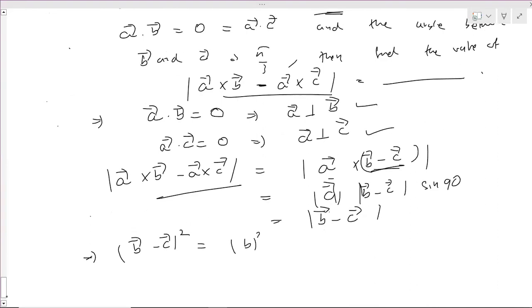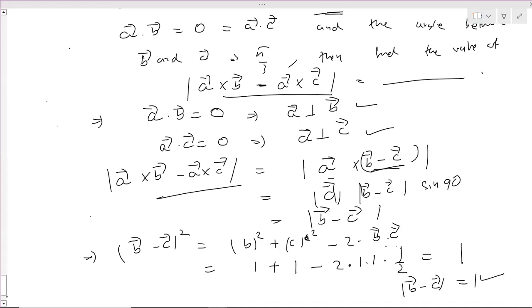This will be mod B square plus mod C square minus 2 B dot C. So mod B square is 1, plus mod C square is 1, minus 2 times 1 times 1 times cos of the angle, which is pi by 3. Cos pi by 3 is 1 by 2. So this is 1. So mod B minus C is also 1. This is the answer.